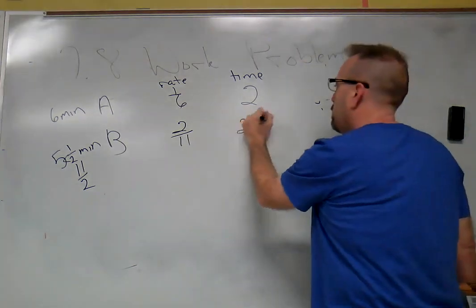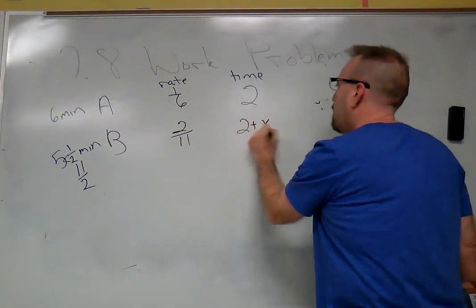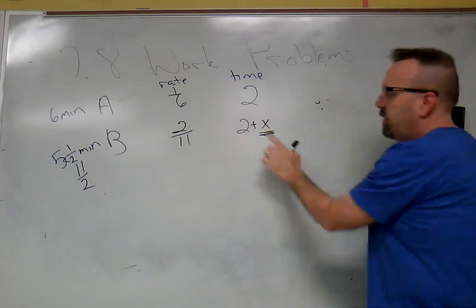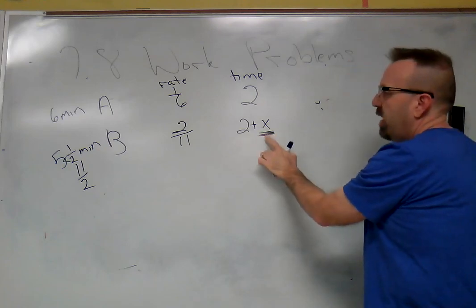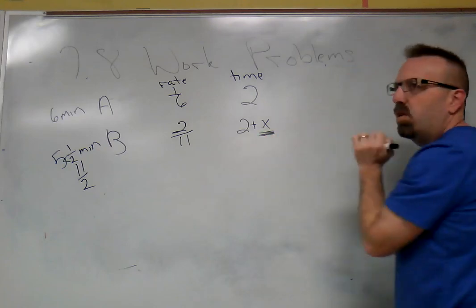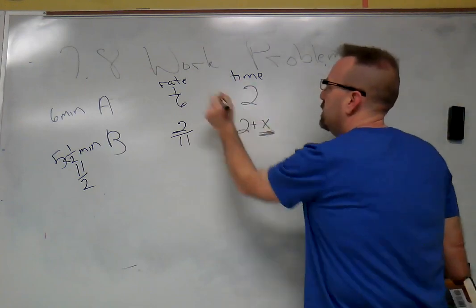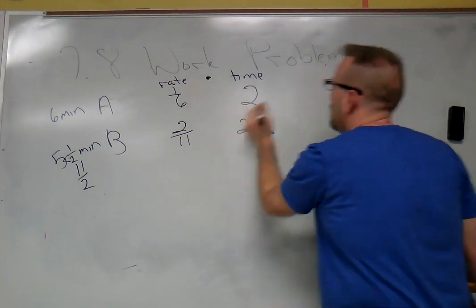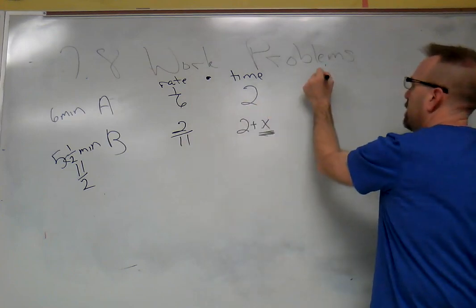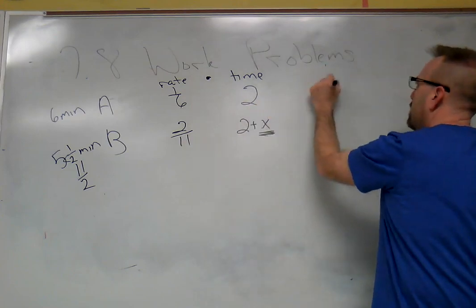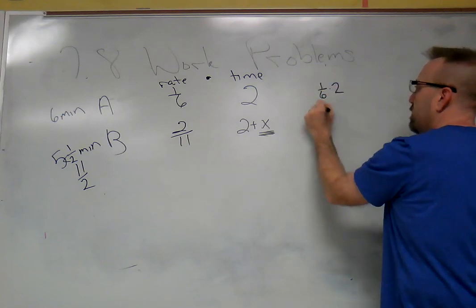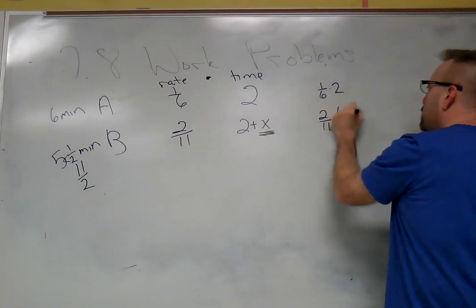If they work together for 2 minutes, how long will B have to keep welding in order to finish? What did we do with our rate and time in the last one? Multiply. So here we get 1/6 times 2, and here we get 2/11 times 2 plus x.